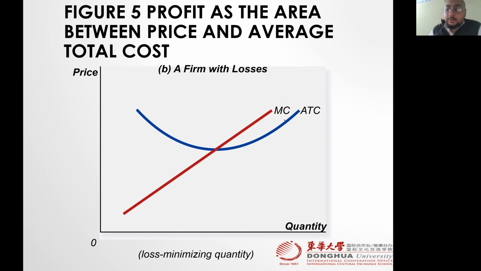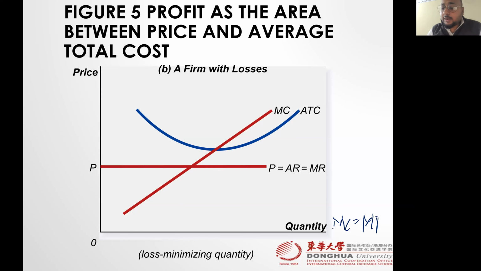If the price and marginal cost is less than the average total cost, where do we need to produce? Your question should be, sir, that is the profit maximizing condition, MC is equal to MR, right? But here price is already less than the average total cost.